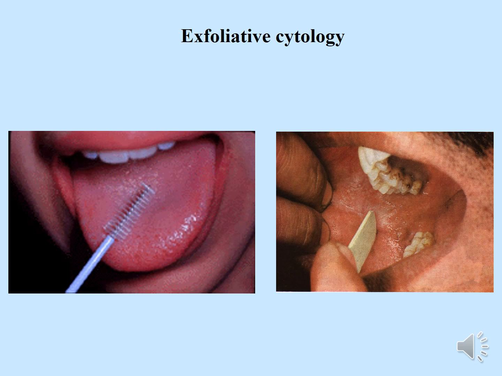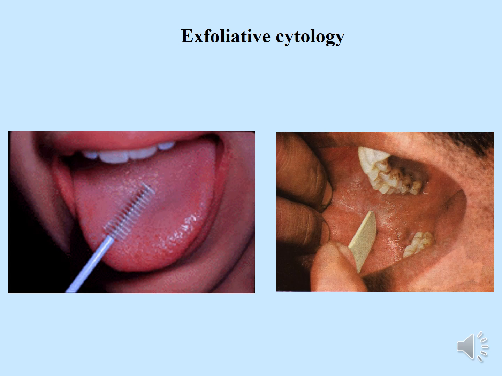Okay, so let's now look at the third type of biopsy procedure, which is called exfoliative cytology. The terms exfoliative cytology and brush biopsy are used pretty much interchangeably. Basically, surface mucosal epithelial cells are scraped off.